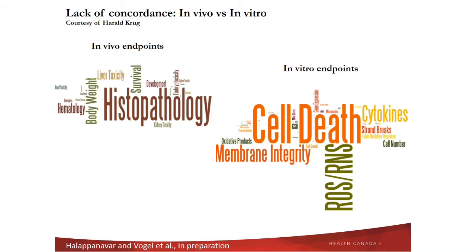Ulla already mentioned that an AOP is a conceptual framework that allows you to systematically organize the existing mechanistic information in a linear and modular format, consisting of several key events that are causally related to one another, and they show you the path from the exposure to the eventual adverse outcome.